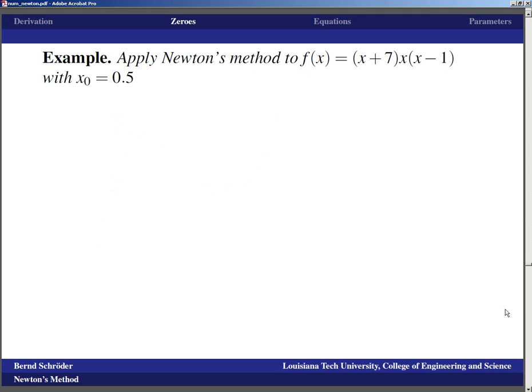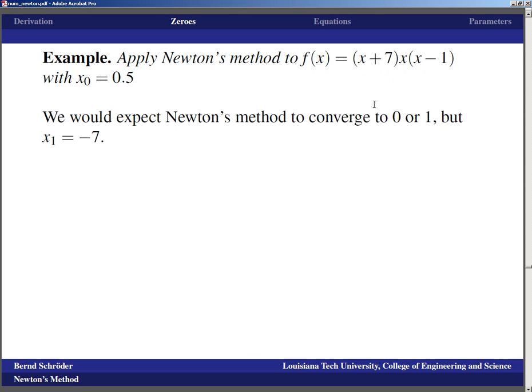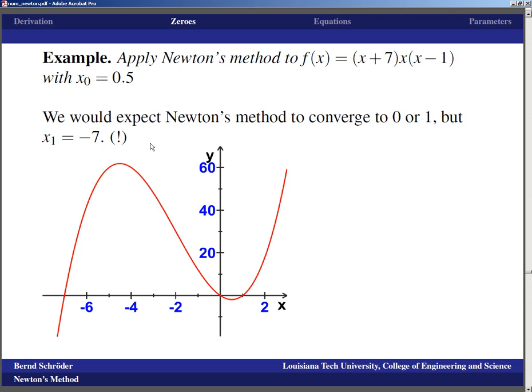What else can happen? Well, if we applied Newton's method to the function f of x equals x plus 7, x and x minus 1, with x0 equals 0.5, first of all, we wouldn't need to apply it here, because we can read off the zeros, but this is an example. If we do this, we would expect Newton's method to converge to 0 or 1, because these are zeros, and we're starting right in between. But x1 is negative 7, and that's kind of strange. You can verify the computation, or you can just look at the picture.